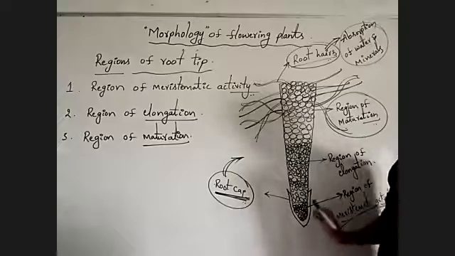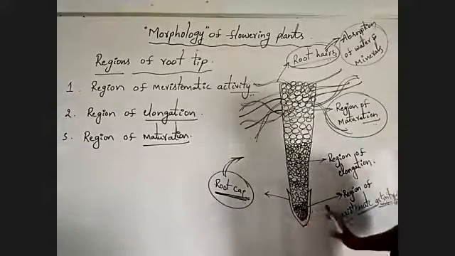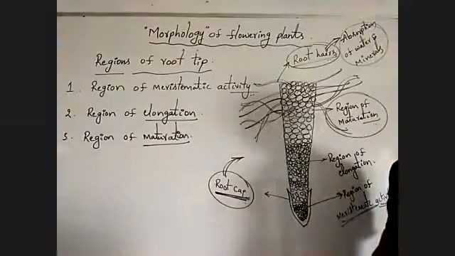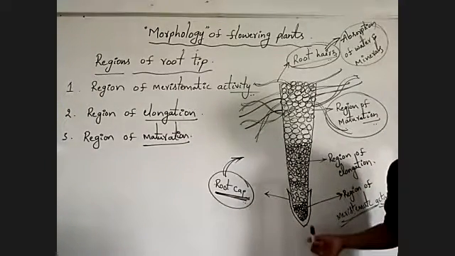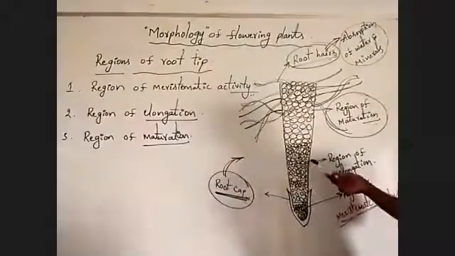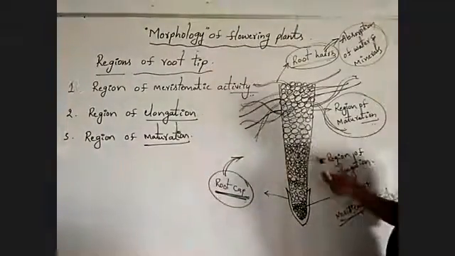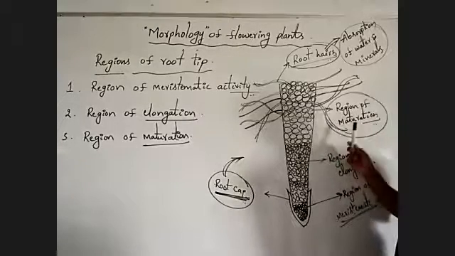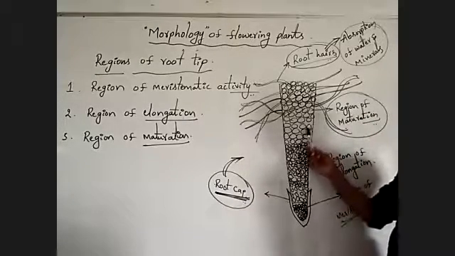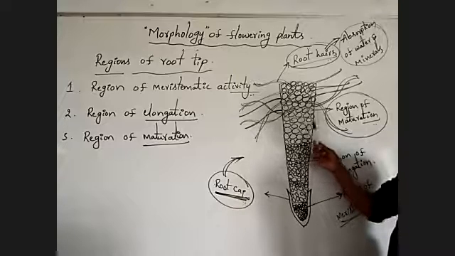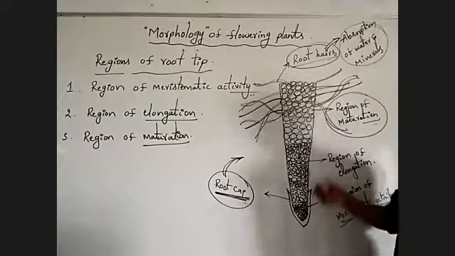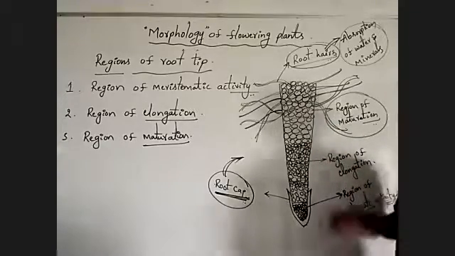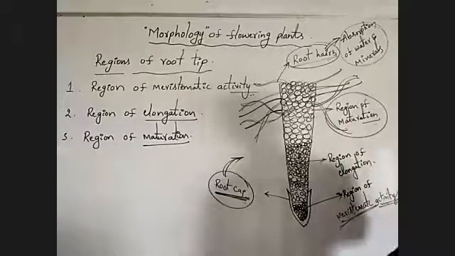These are important characteristic features of meristematic cells. Okay, next, the region proximal to the region of elongation is called region of maturation. Here all cells are elongated and mature.